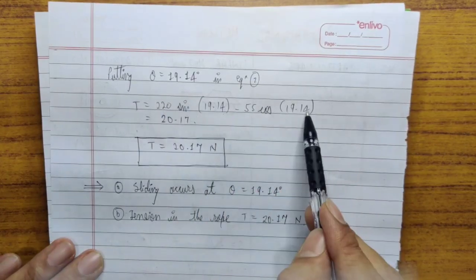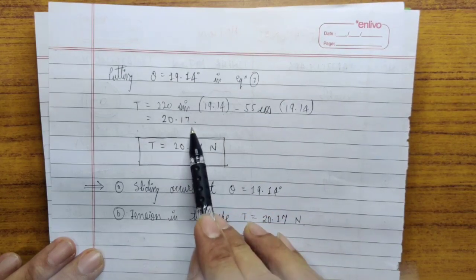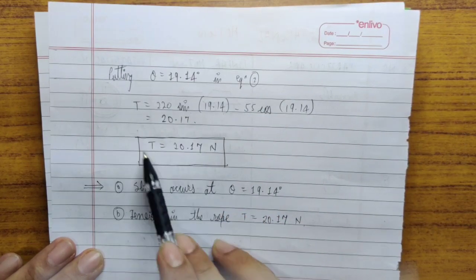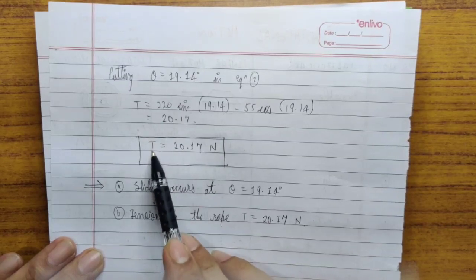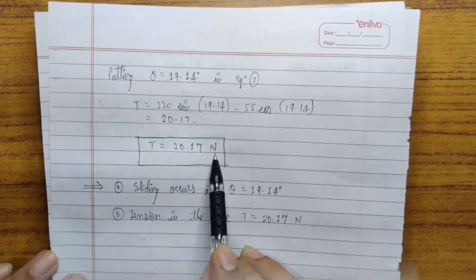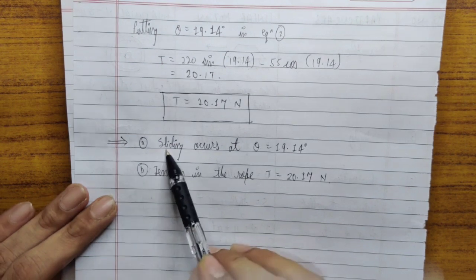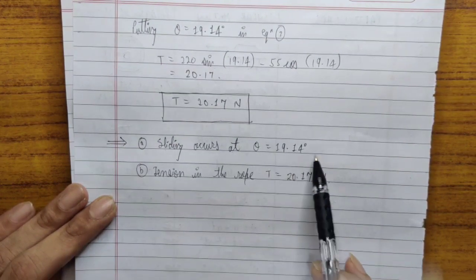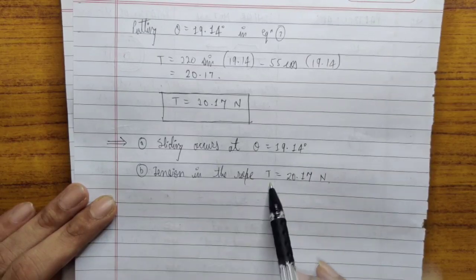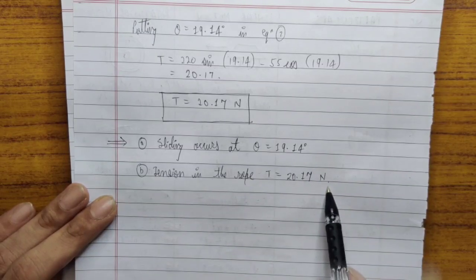Now if we simplify this, it comes out to be 20.17. That means tension T is 20.17, and since it is a force, it is in Newton. So finally you can write down that sliding occurs at theta equal to 19.14 degrees and tension in the rope T is equal to 20.17 Newton.